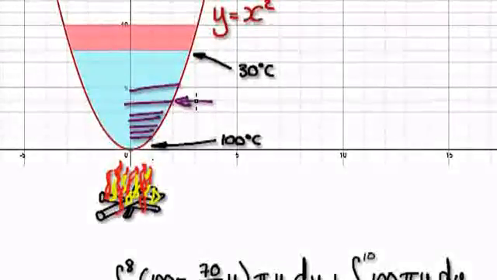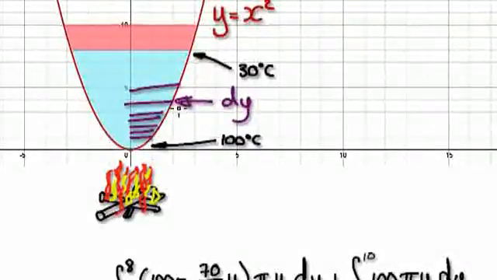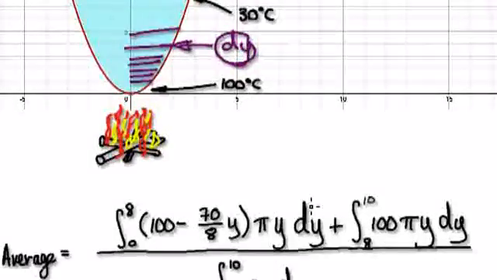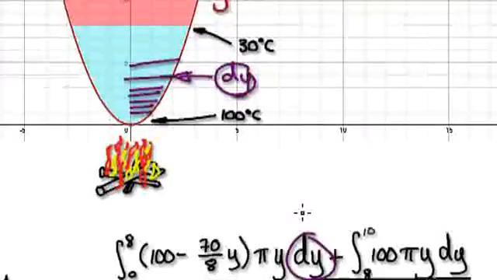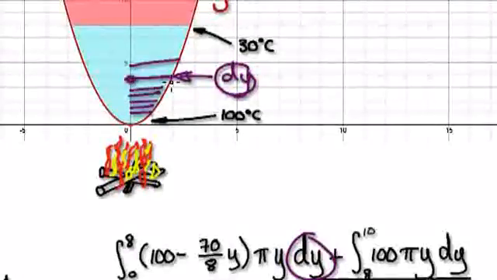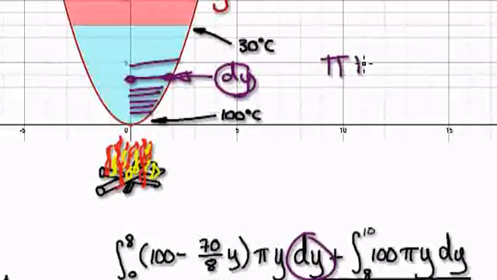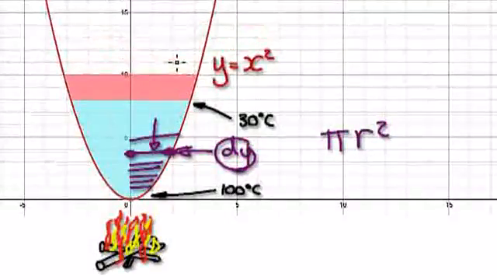If you look at this one particular disk, the thickness associated with this disk is dy. That's this dy here, and then to get the area of the disk, we need to do pi r squared.